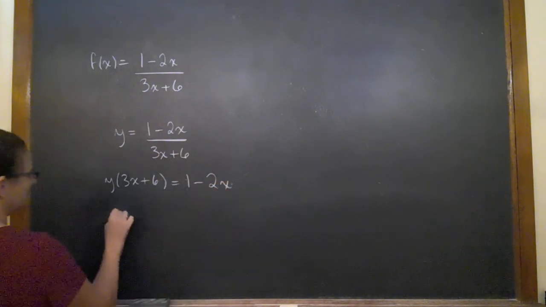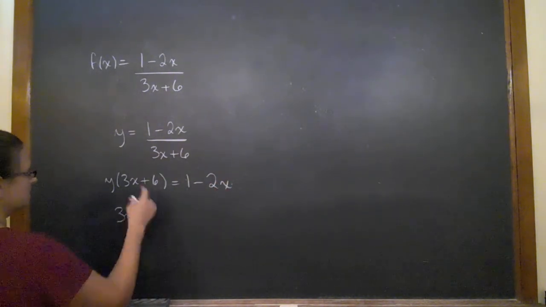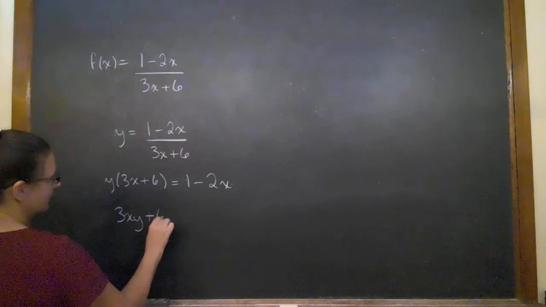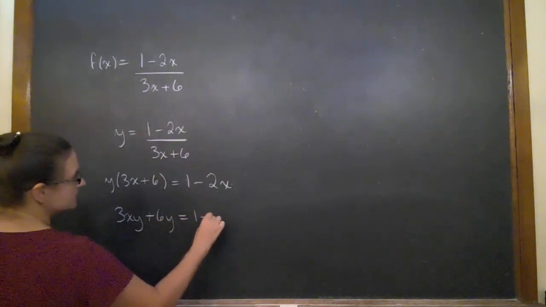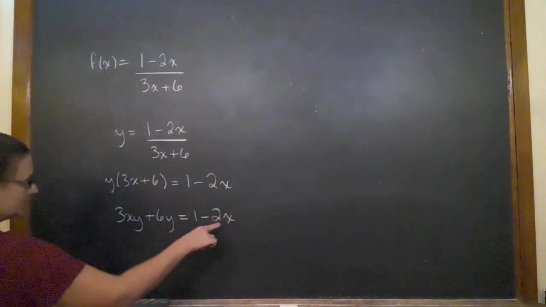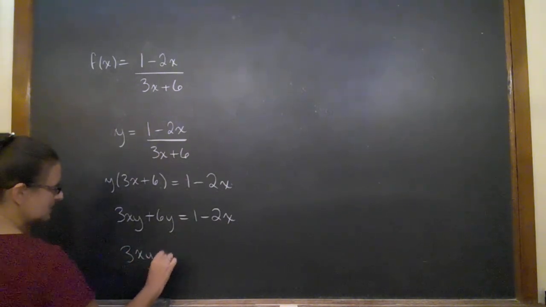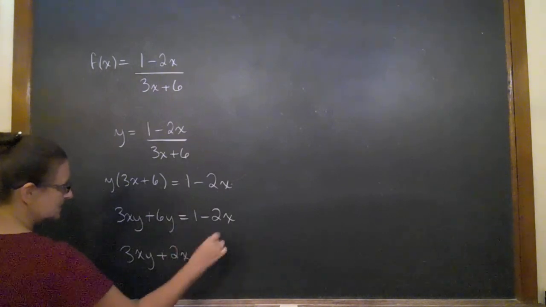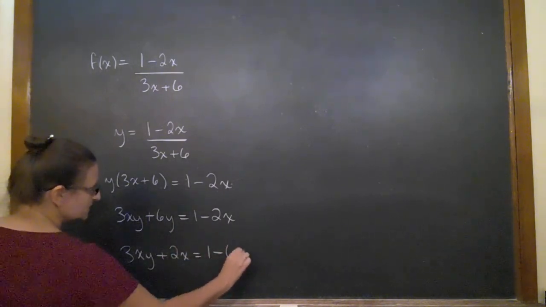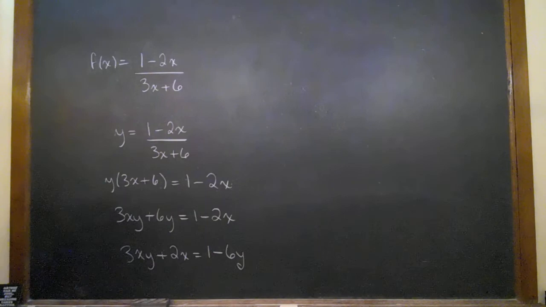I'm going to distribute, because what I want to do is put all the x's on this side and all the other garbage on this side. So I'm going to put this 2x over here so I can collect out those x's. And then this stuff is just going to be that stuff there.